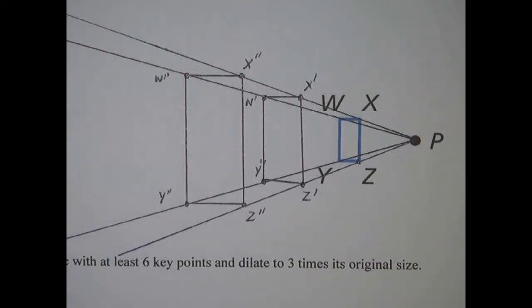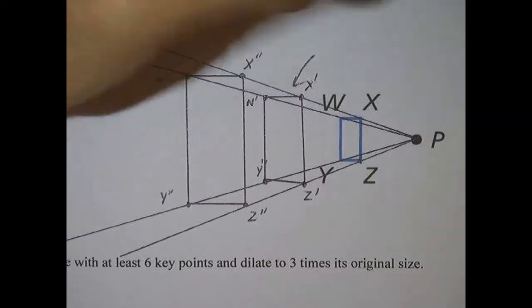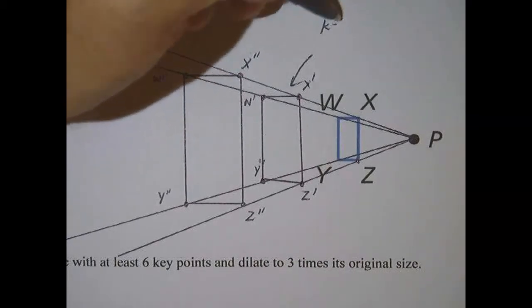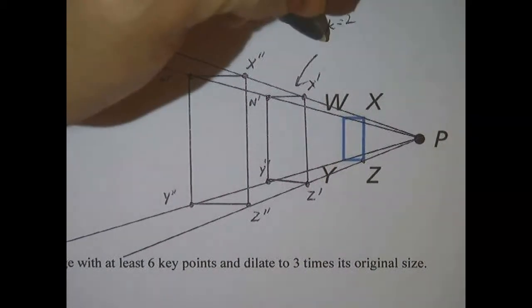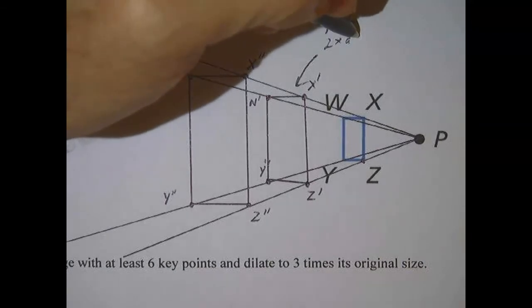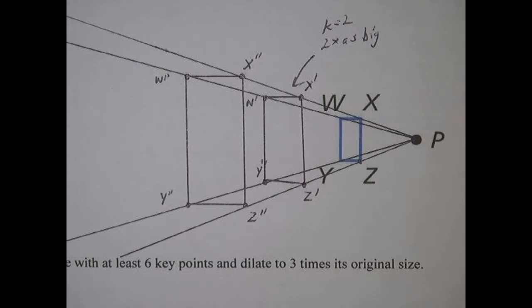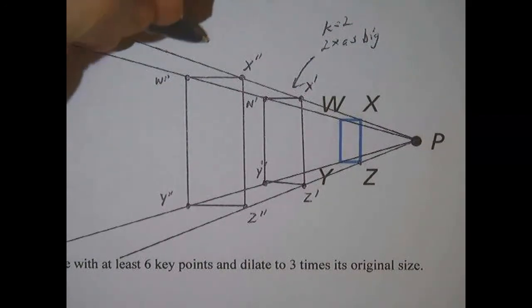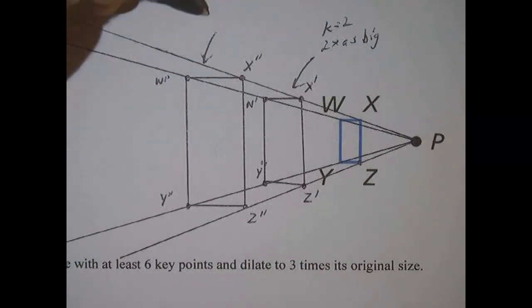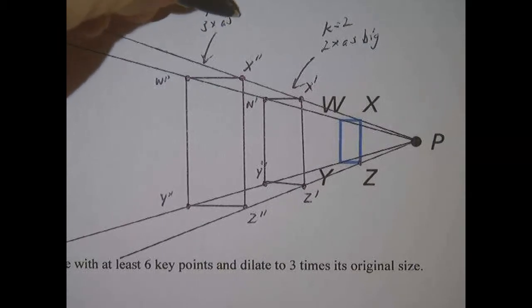So this one has a scale factor. This is K equals 2. That means 2 times as large. And I guess we'll leave it at that. This one has a K equals 3, which is 3 times as large.